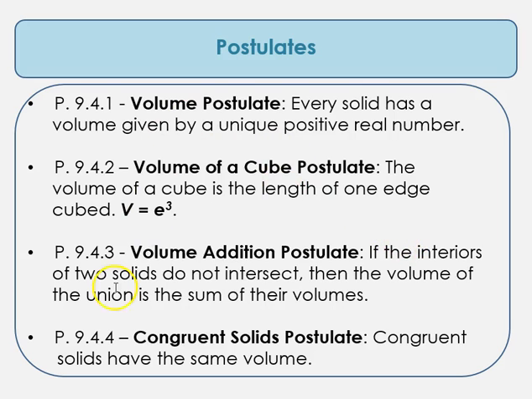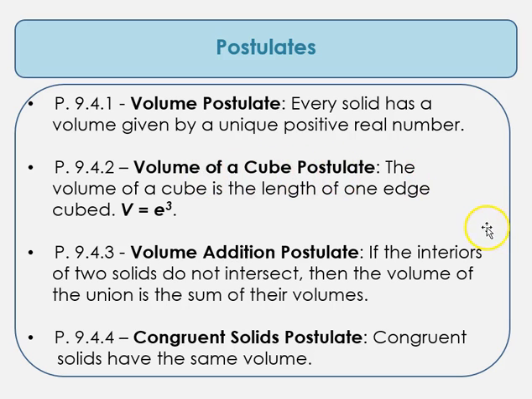We have some postulates. Postulate 9.4.1, the volume postulate. Every solid has a volume given by a unique positive real number. That means if you're working on a problem and you get a negative number for the answer, something is off. So, just like we have with measurement, we'll have positive real numbers for answers. Postulate 9.4.2, the volume of a cube postulate.